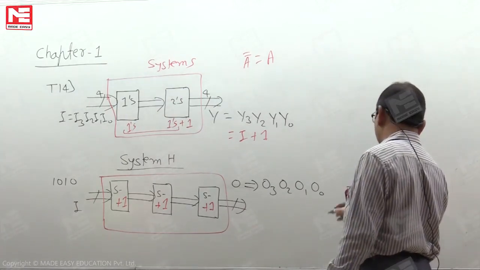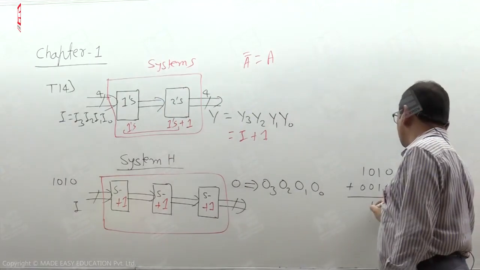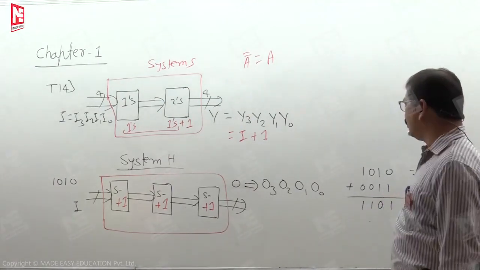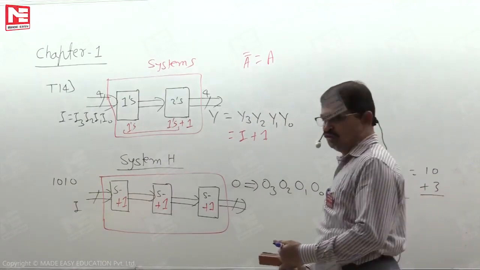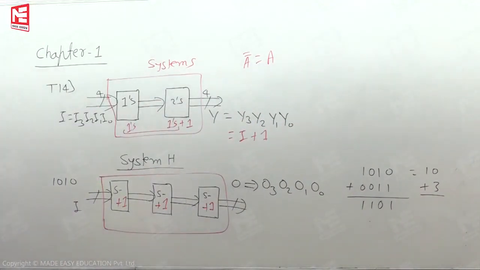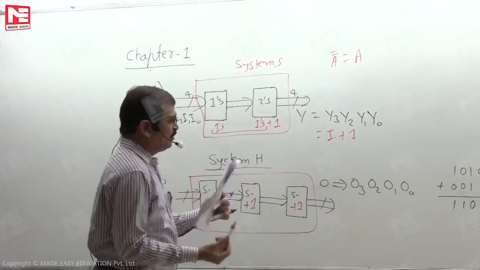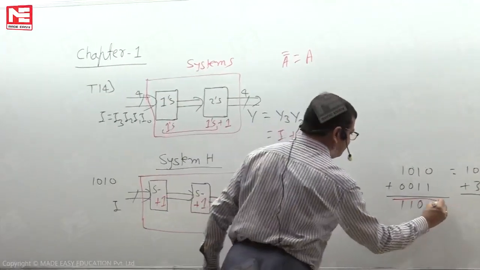So based on this, it is 1, 1, 0, 1. So the answer is 1101. It is a good question. With a little attention, if you work it out without any difficulty, you can speak the answer. The printed answer is anyway there in the workbook.